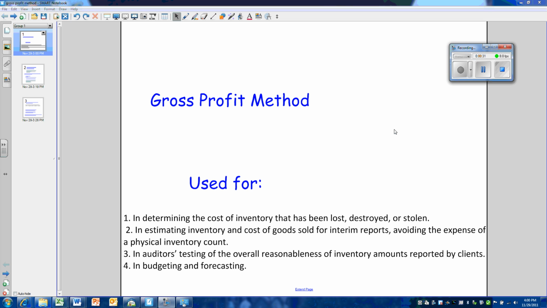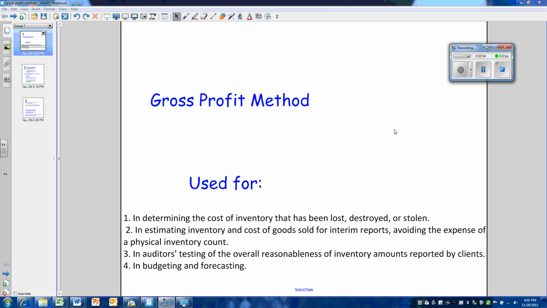Remember, in the periodic inventory method, to determine the cost of goods sold, we have to count ending inventory, which is time-consuming and expensive. For interim financial reporting, GAAP allows the use of the gross profit method. So we will estimate ending inventory and use it to determine cost of goods sold.